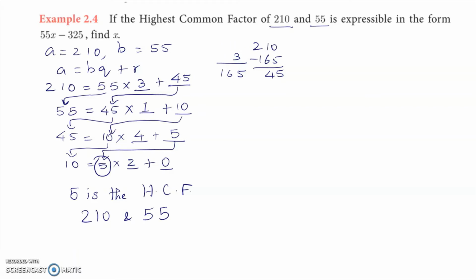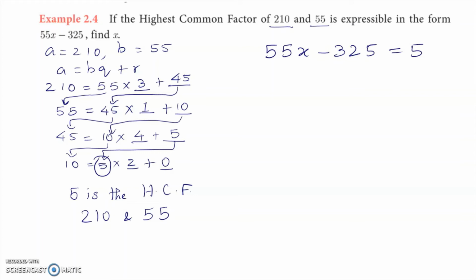We are expected to find x, where 55x minus 325 is equal to 5, which is the highest common factor.